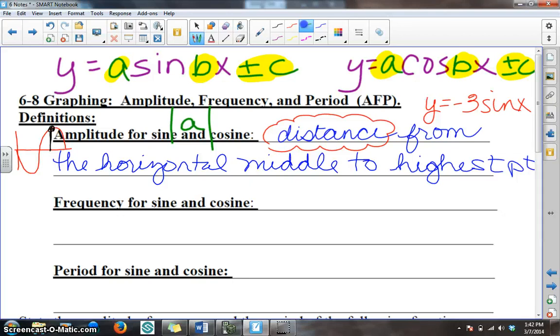Okay, the frequency is how many graphs I will see in the space of one normal graph, or the number of graphs you'll see in the space of one normal graph.